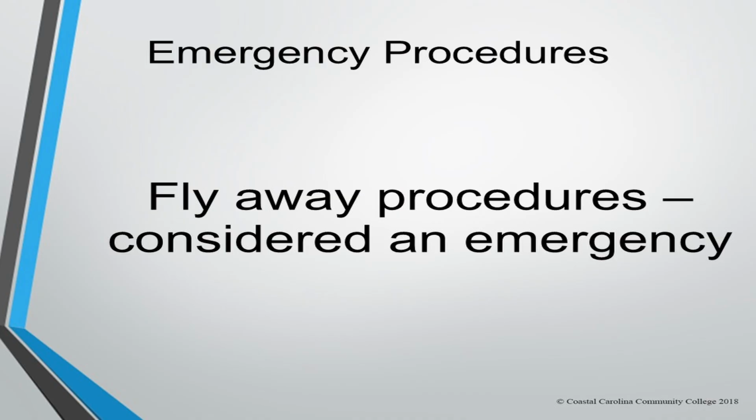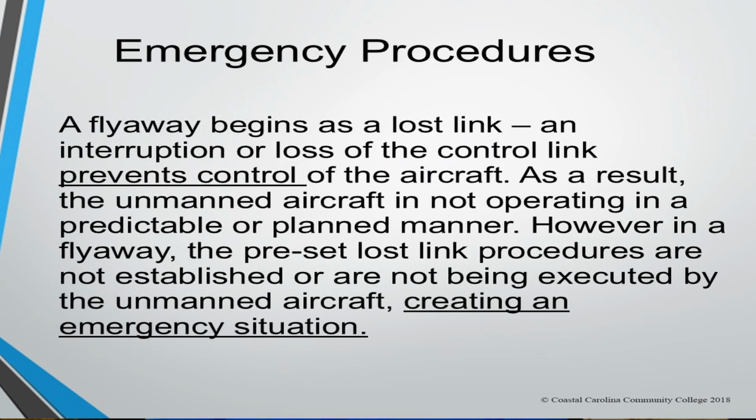Flyaway procedures are considered an emergency. A flyaway typically begins with lost link. An interruption or loss of the control link prevents control of the aircraft. As a result, the unmanned aircraft is not operating in a predictable or planned manner.